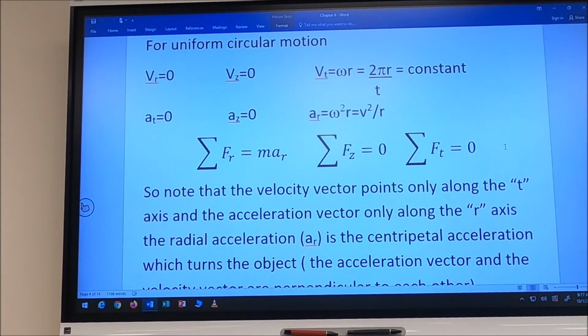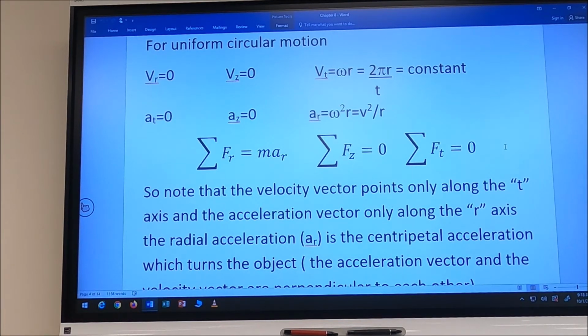The tangential velocity is equal to omega times r, which is equal to 2 pi r over T, where T is the period, and that's going to equal a constant. The acceleration tangentially is 0. Acceleration radially is 0. In the z direction is 0.